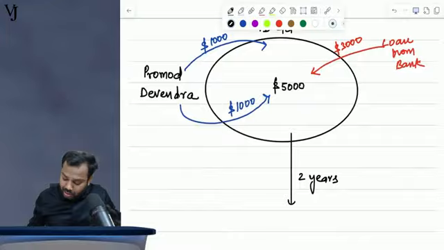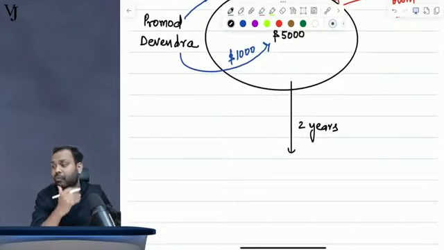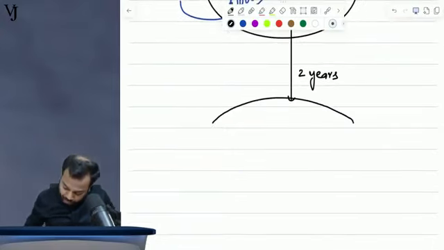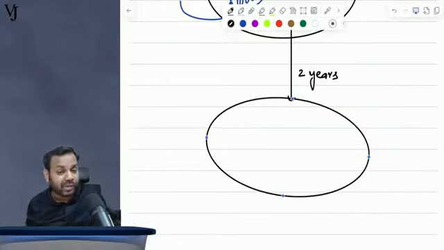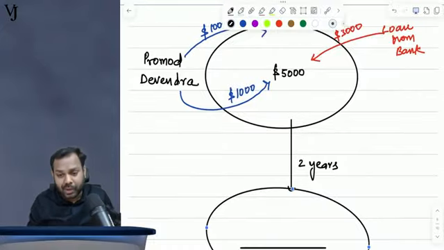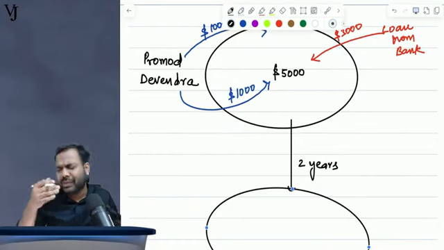Now, while winding up, since there were a lot of thought differences between Pramod and Devendra, the business was not running smoothly, and they incurred significant losses.